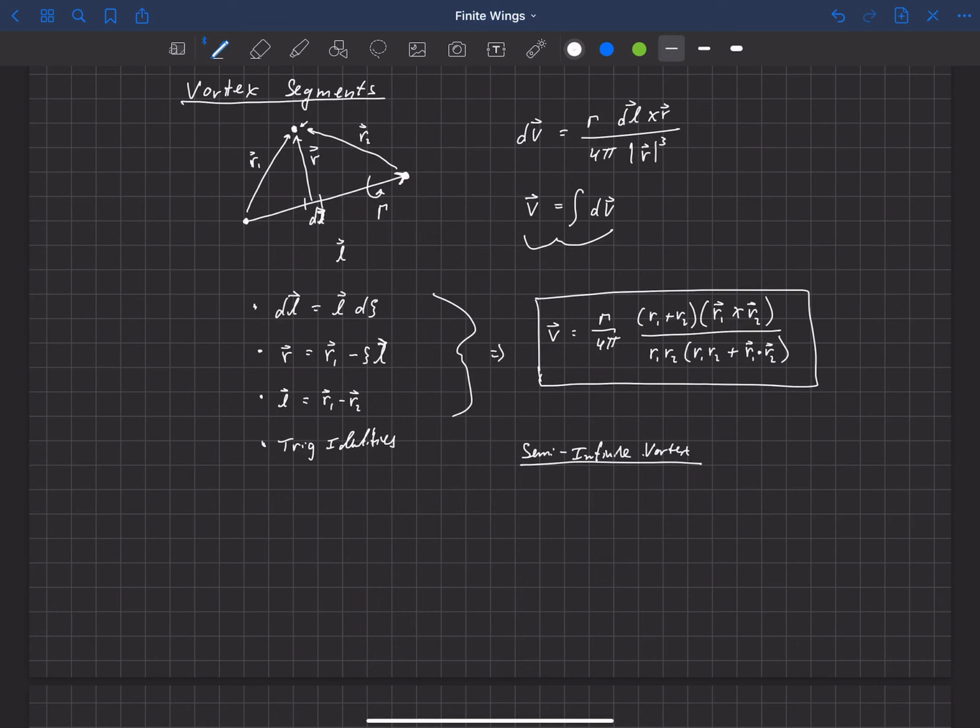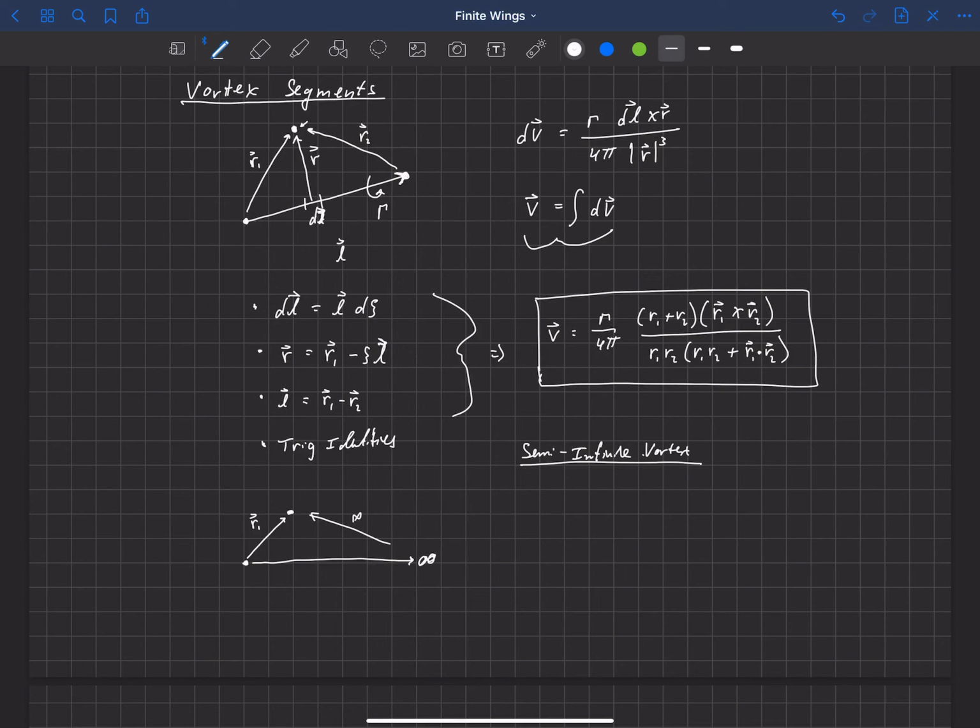If I were to redraw this segment over here, we have our point of interest, and here's r1, and then this segment goes off in some direction for an infinite distance, so that r2 here is an infinite length.